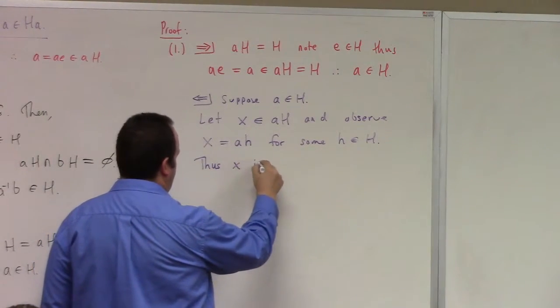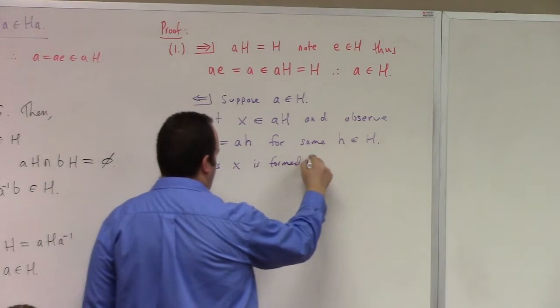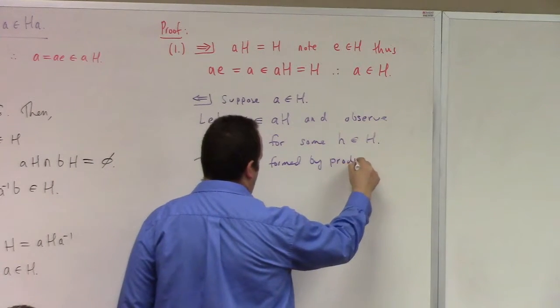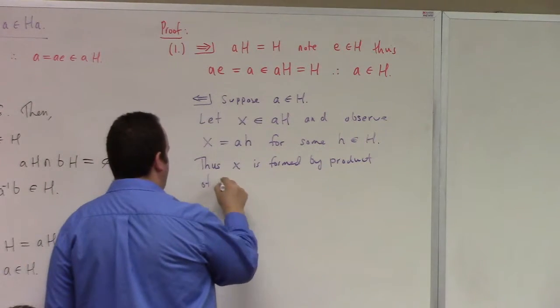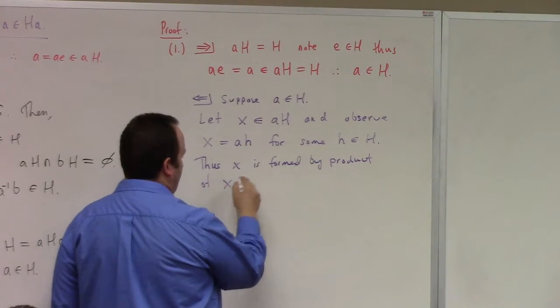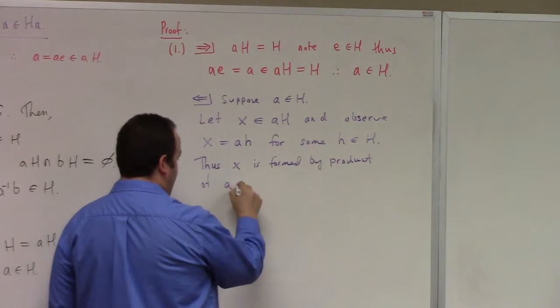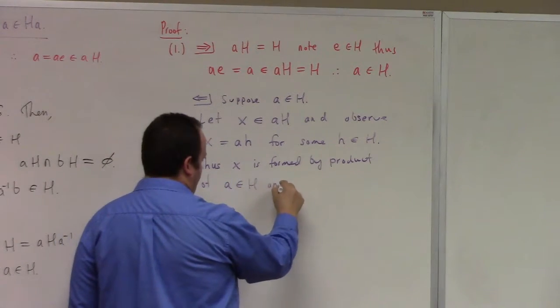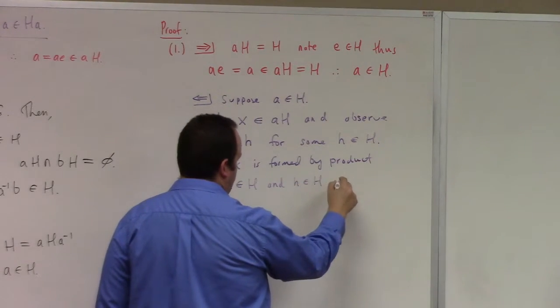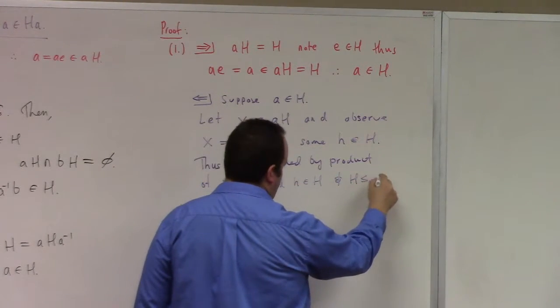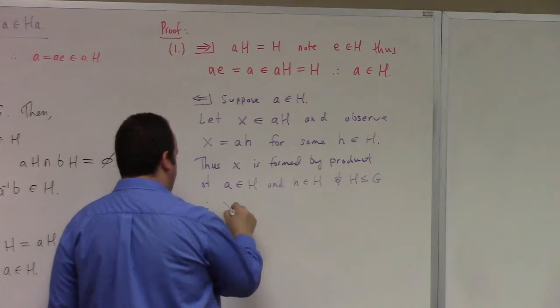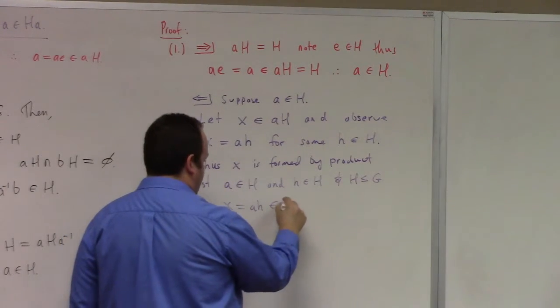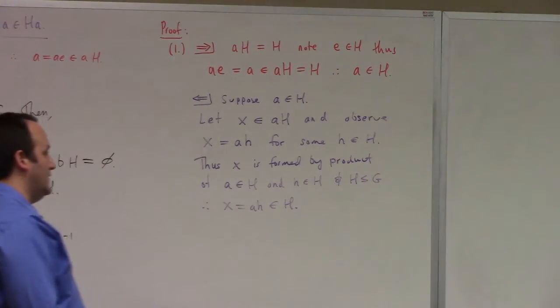Thus, x is formed by the product of a, which is in H, right? And h, which is in H. And H is a subgroup, right? Therefore, x equals ah is an element of H. But what did I just do?